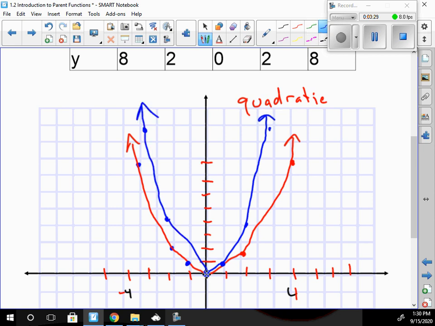So you get the general idea here. This one is definitely wider than the other one is. So what I need to realize is this is going to be a horizontal compression. I'm sorry, a vertical compression. Could also be a horizontal stretch.